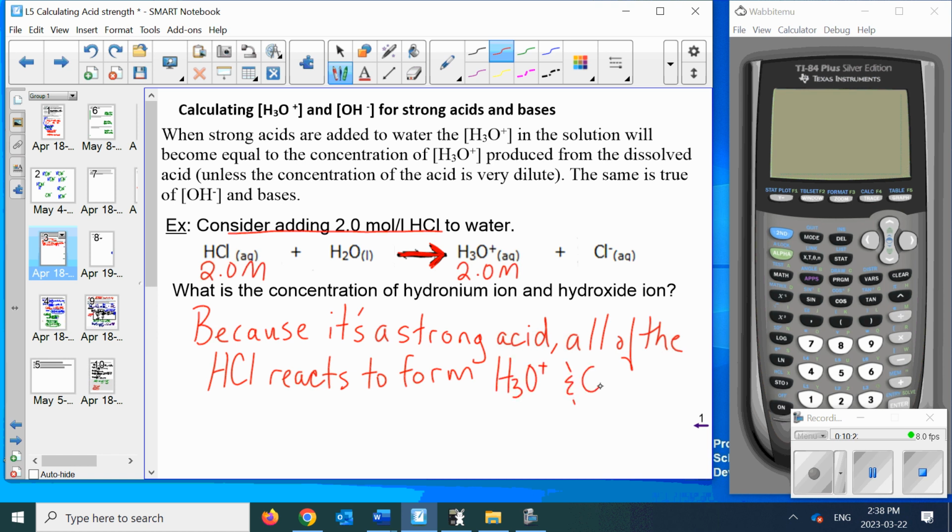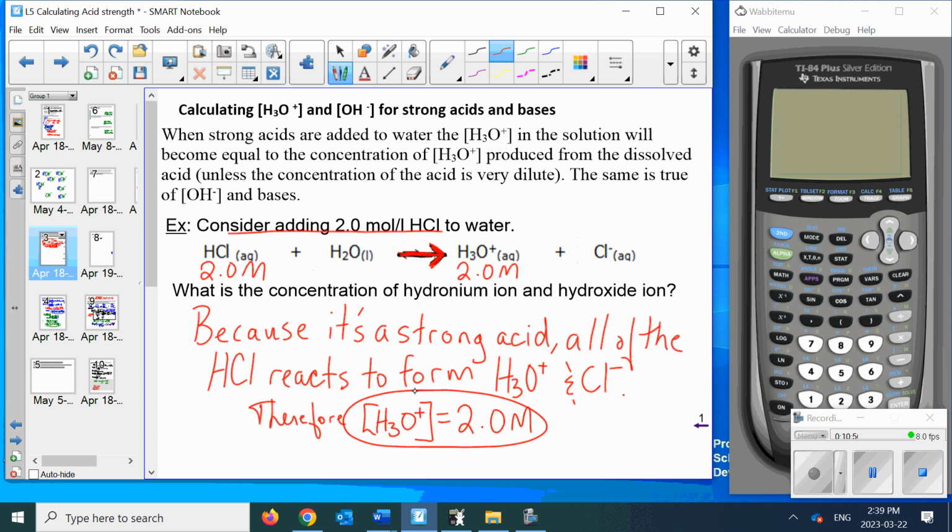And the chloride ion, I'll put that in. It doesn't affect this question. Therefore, the hydronium concentration is 2 moles per liter. Now that answers one of the questions.